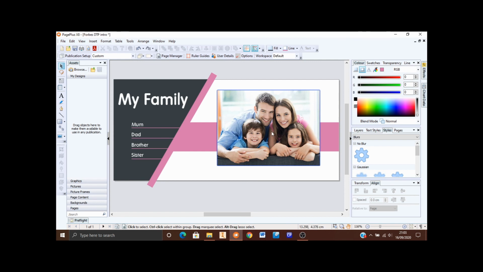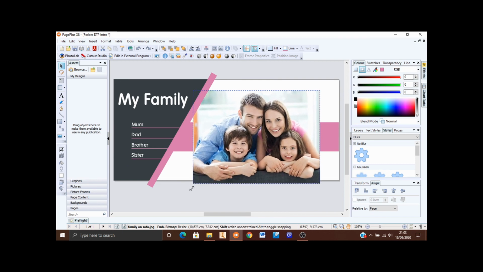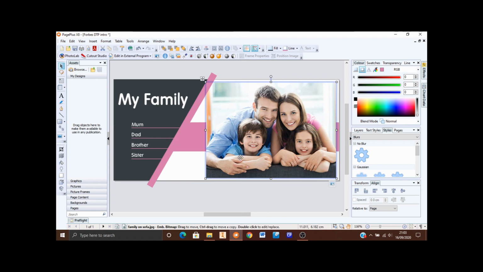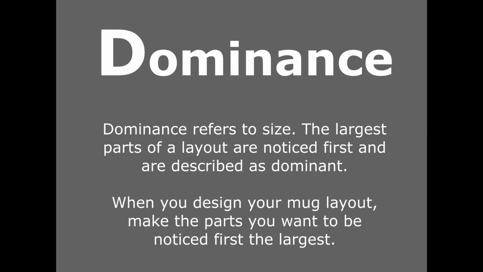At this stage of the process, I've decided that this image here isn't quite large enough to grab people's attention properly. So what I'm going to do is make this image a bit larger at this stage. Now, by making this a bit larger, that's using a design principle called dominance. Now, dominance refers to the largest item on a page, which is going to grab people's attention or be noticed first.